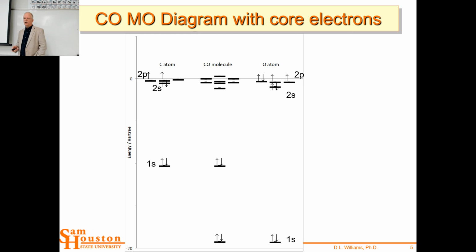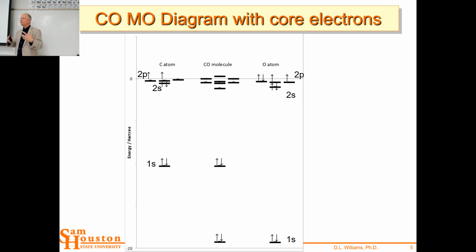And so here's the carbon monoxide MO diagram showing the core electrons. On the left is carbon, on the right is oxygen, and it's all crammed up at the top, right? So you can't see what's going on in the valence band very well, but you can see the core electrons. And so here we see oxygen's core electron on the right and carbon's on the left.